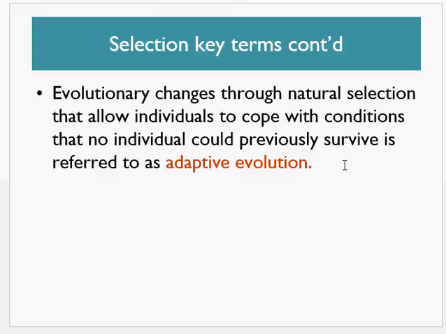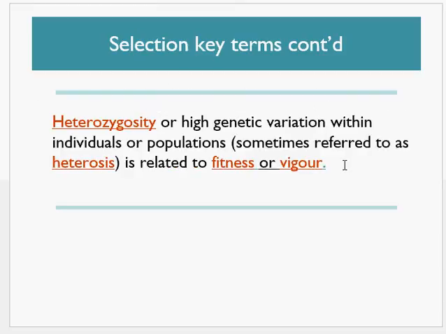All right, so we've seen that great genetic variation within populations is very important in allowing that population to adapt to changes. This can also be termed heterozygosity or vigor within the population. If a population is said to have high vigor, it's quite often because it has high genetic variation or high heterozygosity. Okay?